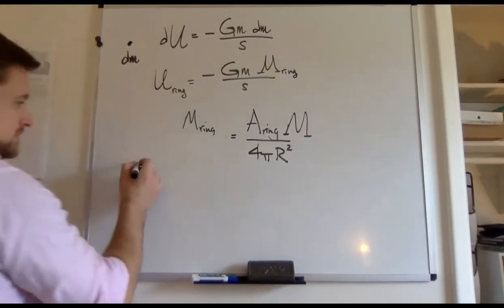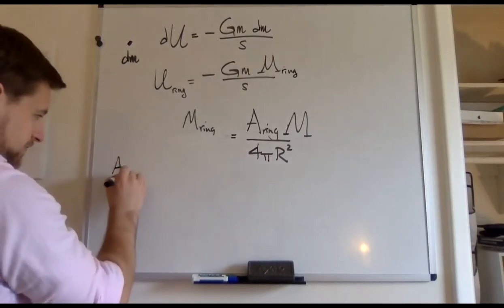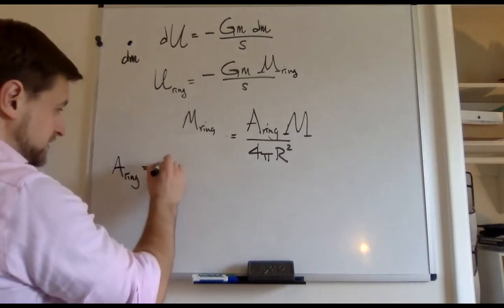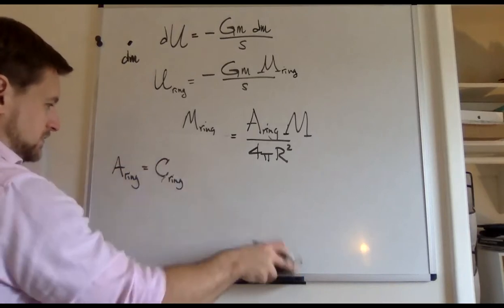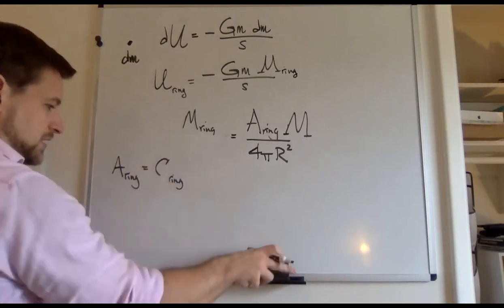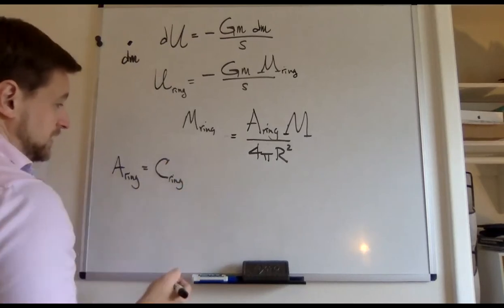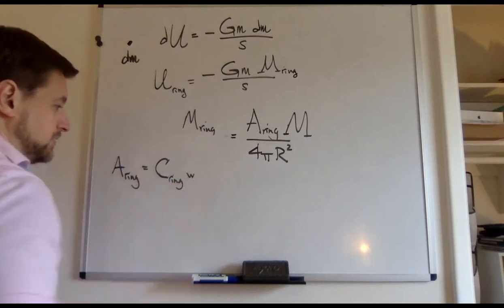All right. So the area of the ring is circumference, capital C of the ring, times the width of the ring. Just going to call it W for now.